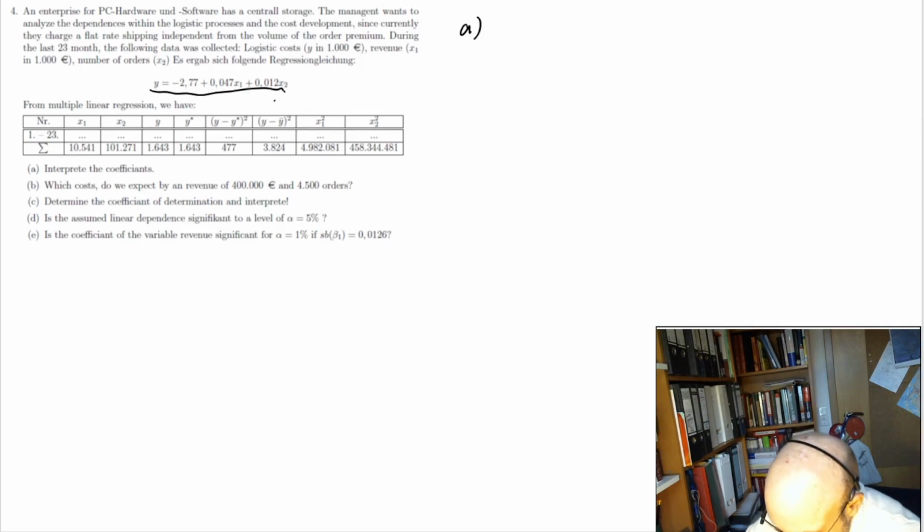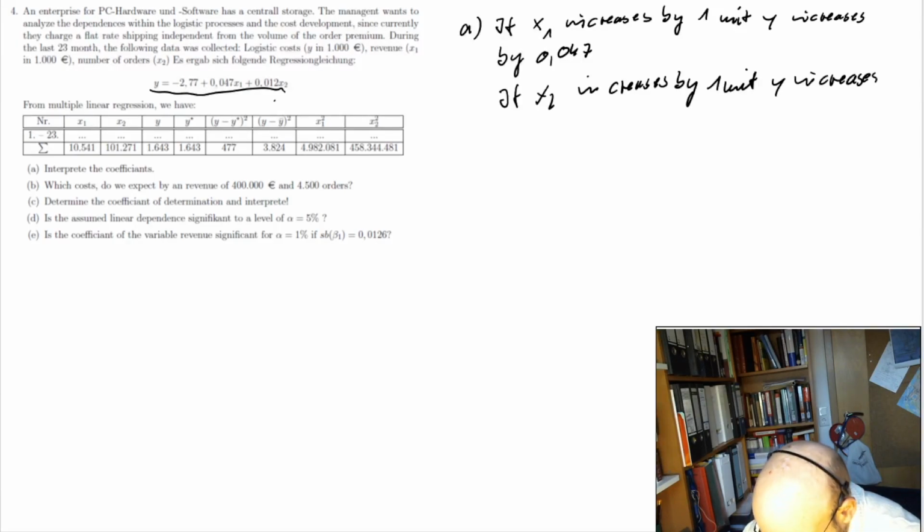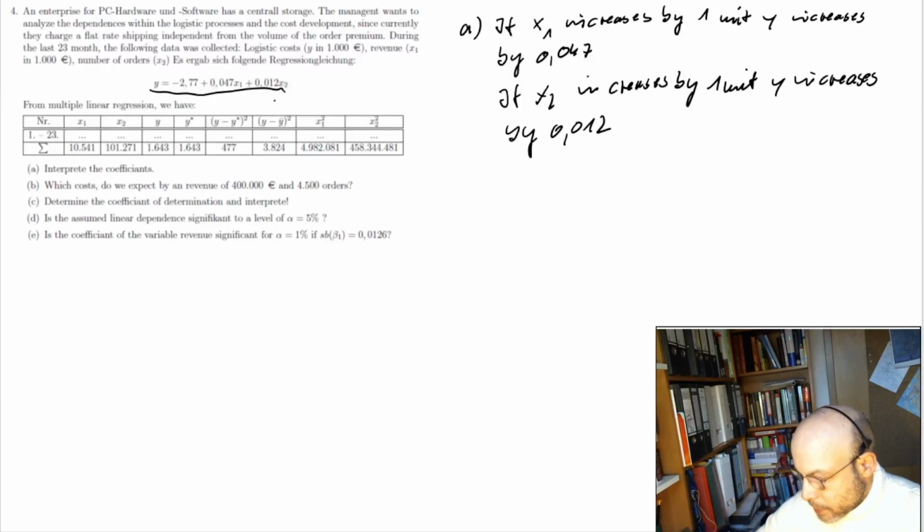Well, if x1 increases by 1 unit, y increases by 0.047, and if x2 increases by 1 unit, y increases by 0.012.